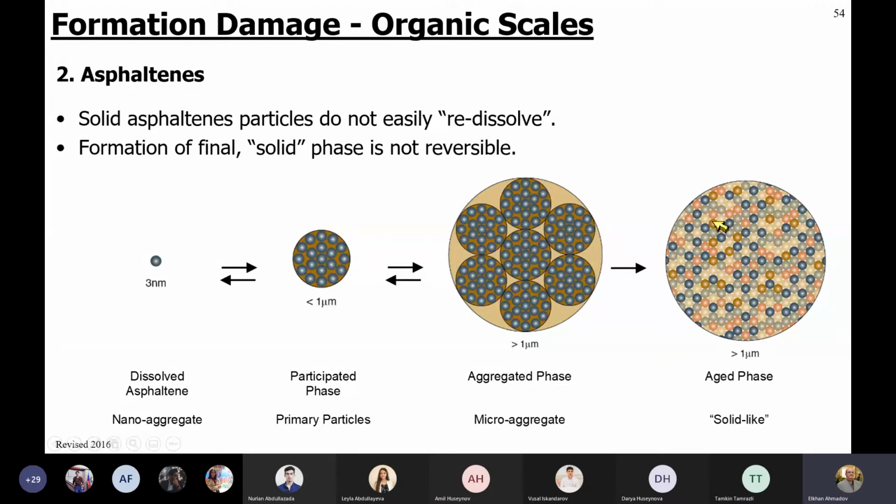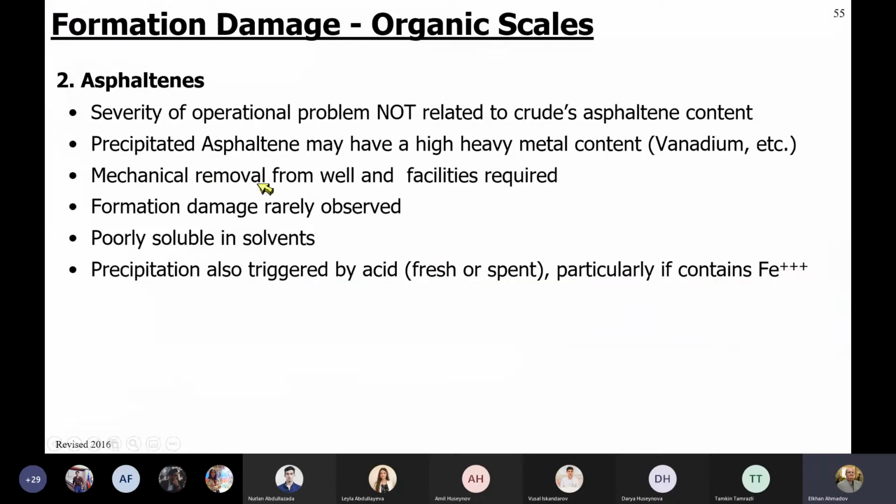It is not soluble in solvents, so mechanical removal is required.